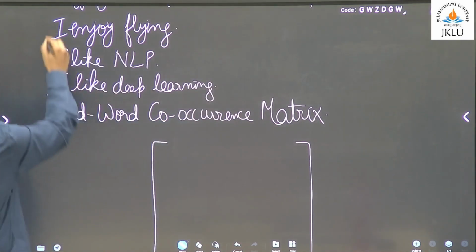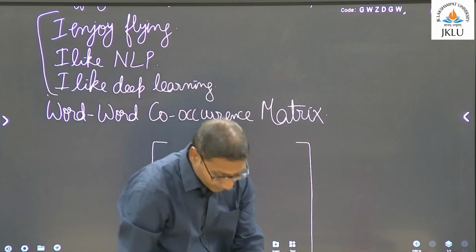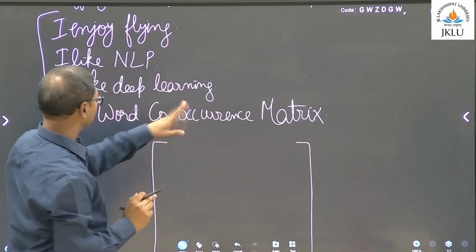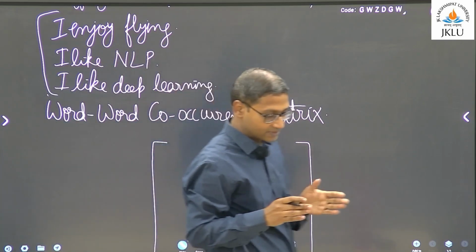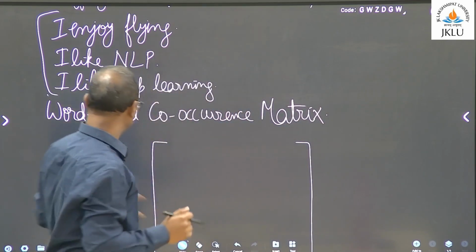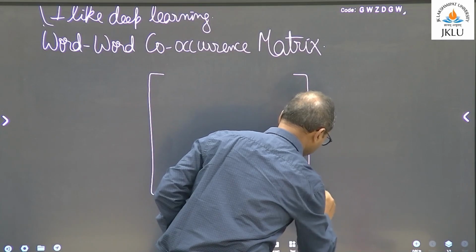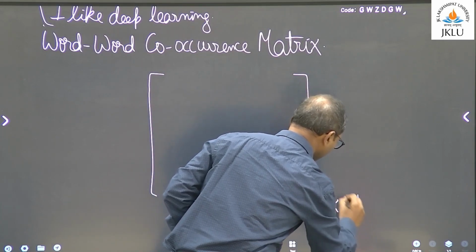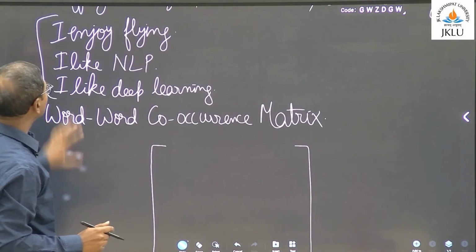Okay, so this is our corpus right now, and we want to make a word-word co-occurrence matrix. A word-word co-occurrence matrix is basically a |V| cross |V| matrix, and for the time being we'll assume this is our corpus.